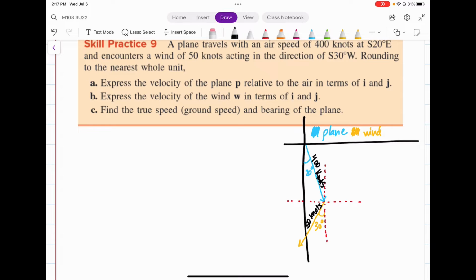We want to express the velocity of the plane in terms of i and j in the air. That vector of the plane is going to be given by taking the magnitude of the plane vector times the cosine of theta i plus the magnitude of the plane vector times the sine of theta j.